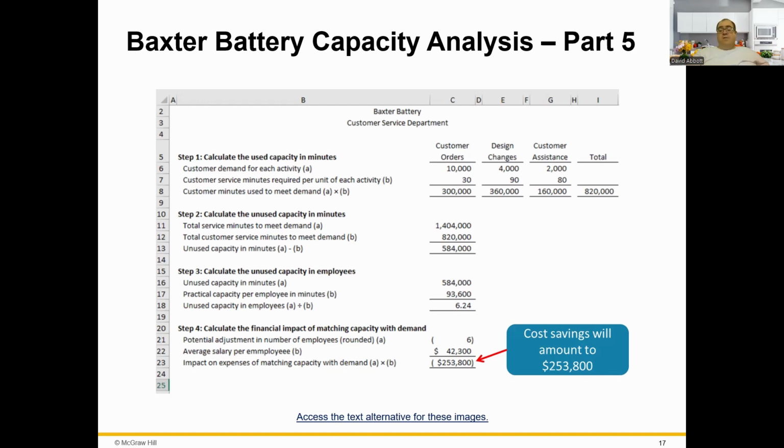This tells us if we have more employees than what we actually need to meet the demand. And of course, we can decide if we want to lay off these 6 employees in order to match the number of employees with the demand that we require.